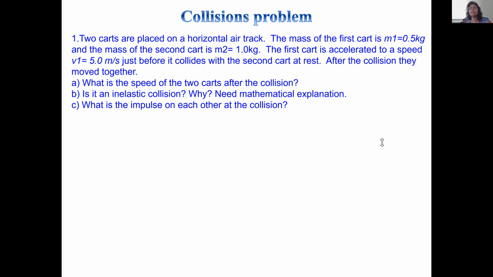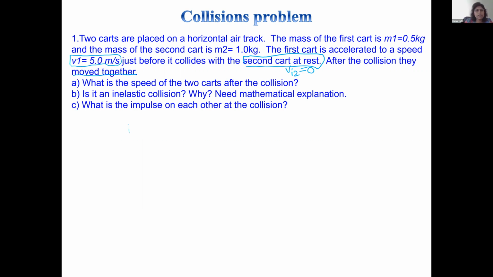And then it says the first cart is accelerated to an initial speed of this value, and the second cart is at rest. When you say rest, that means the initial velocity for the second cart is 0. Okay, so now they're going to collide, and other information you need is that they move together. Moving together means basically they have the same velocity.